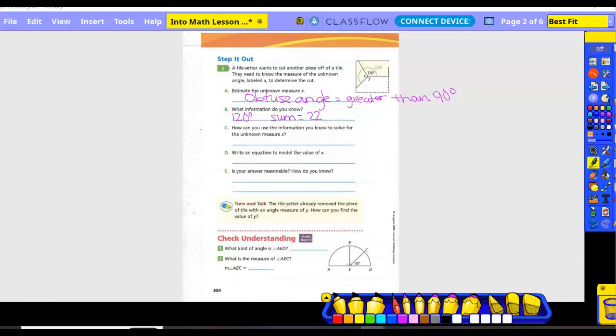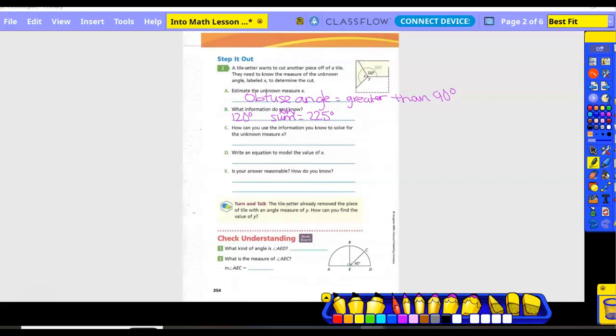Oh, no, sorry, not the sum of all the angles, because that was right. 360 is the full circle, right? Okay, but the sum of which two letters? X and Y, right?